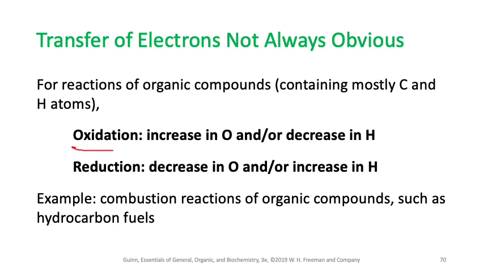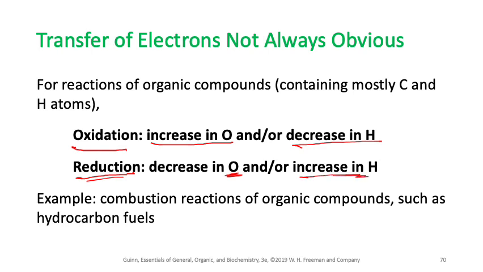Oxidation can also be defined as an increase in oxygen atoms or a decrease in hydrogen atoms. Whenever you are doing any reaction where you're increasing the oxygen atoms in a molecule or decreasing the hydrogen, you are doing oxidation, and vice versa for reduction. If you are decreasing oxygen or increasing hydrogen, it is reduction.